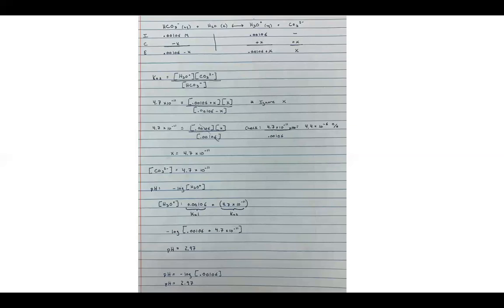However, if you're ever on an exam and you're running out of time and you have a diprotic acid question and they ask you for the concentration of carbonate, or the concentration of whatever your conjugate base is in your second equilibrium, so carbonate is our conjugate base in our second equilibrium here, I don't think I have ever seen a problem where the concentration of that conjugate base is not equal to your Ka2.